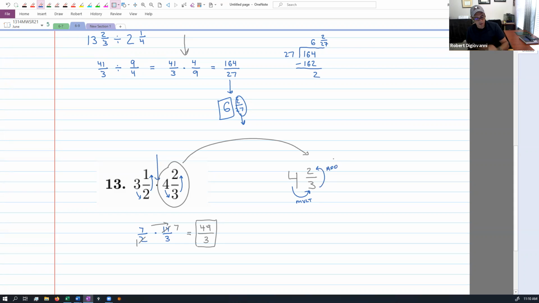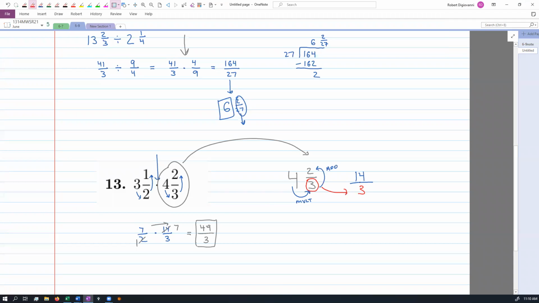And that becomes the top number right there. In this case, it would be 4 times 3, which is 12, and then add 2, that would give you 14. And then you always divide it by whatever number's here, so that would just come here and become 3. Okay. Yes, sir. Thank you.